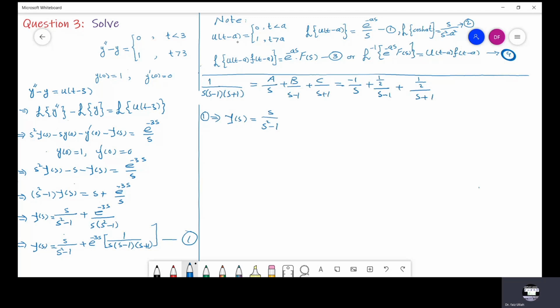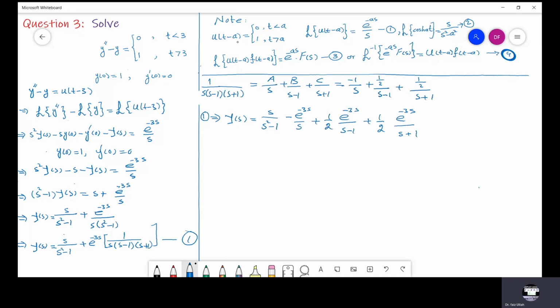So let us write this minus e power minus 3s divided by s plus, let us take 1 over 2 here, e power minus 3s divided by s minus 1 plus, taking 1 over 2 here, e power minus 3s divided by s plus 1.